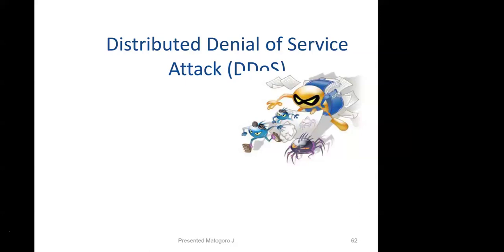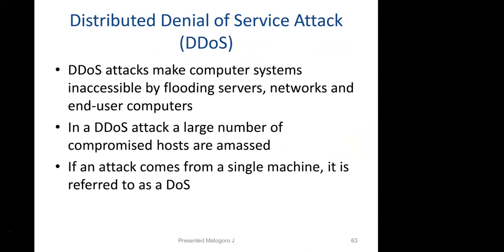This is also one of the very common kinds of malware, where distributed denial of service attacks make a computer system inaccessible by flooding servers, networks, and end-user computers with a lot of traffic. In a denial of service attack, if an attack comes from a single machine, it is referred to as a denial of service attack.